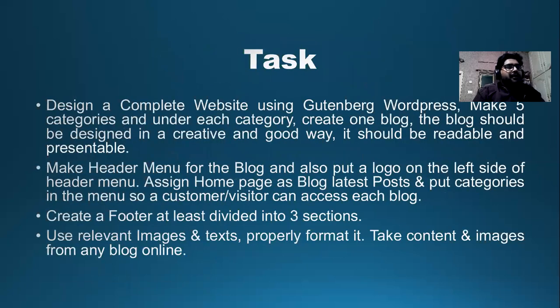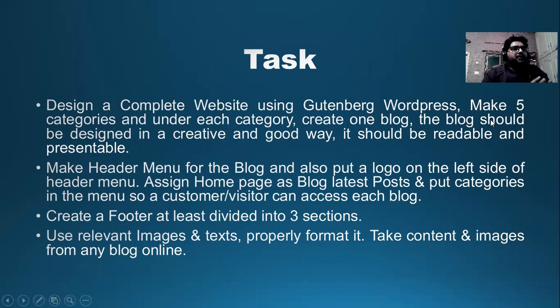So at the end of today's video, we have a task, and I will show you a complete WordPress blog website. Students, you have to design a complete website using the Gutenberg WordPress tool. You will create 5 categories, like tech blog, food blog, lifestyle blog, fashion blog, any kind of 5 categories you can pick.